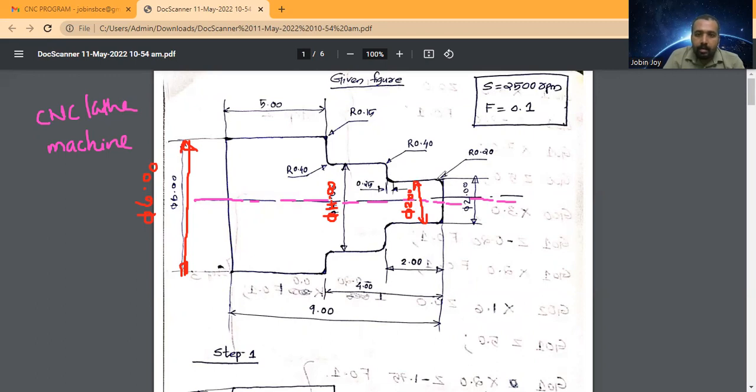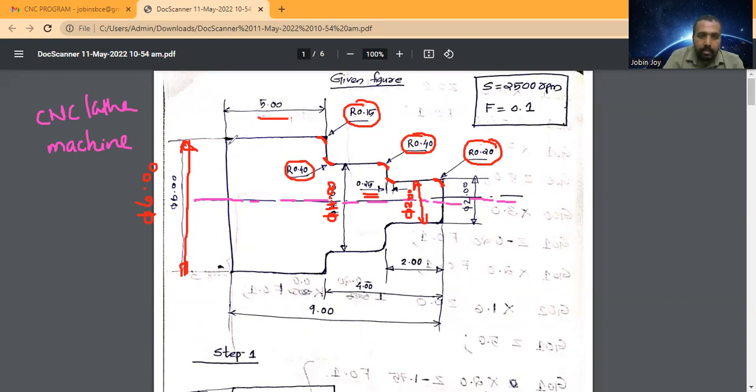And here there is an arc, the radius is 0.20, and here there is a chamfer, and this distance is 0.25. Here there is another arc, the radius is 0.40, and another arc of 0.40, and here there is an arc with radius 0.15.